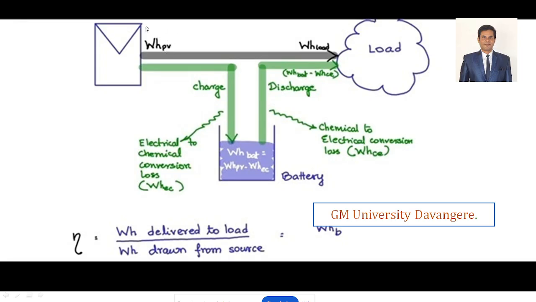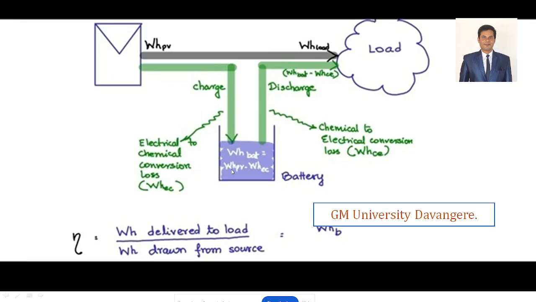From this you subtract WHEC, the electrical to chemical conversion loss. WHPV minus WHEC, the watt hour electrical to chemical conversion, gives you the WH battery.